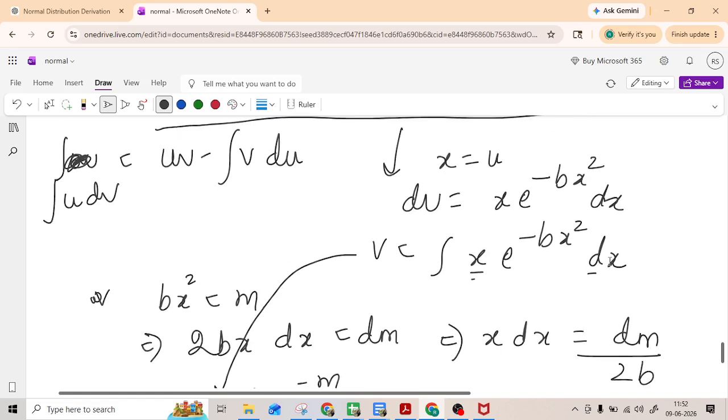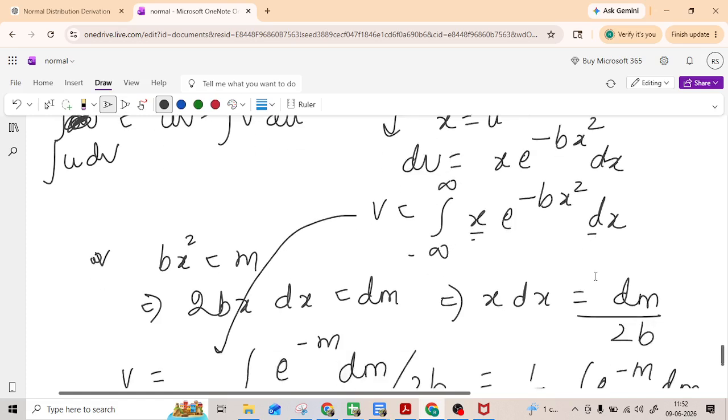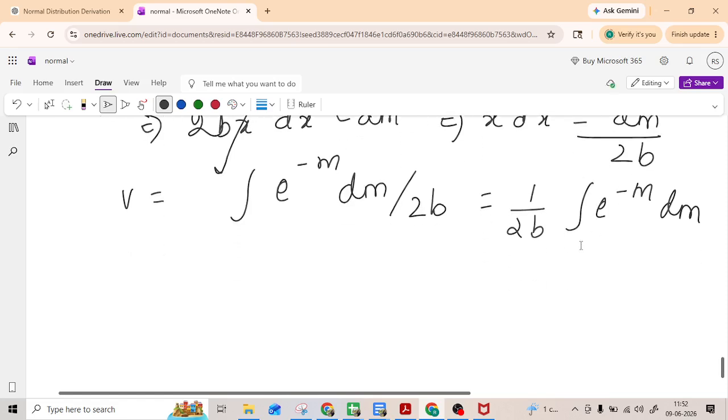And we are also integrating it from minus infinity to infinity, so let's write it over here. So what we get is 1 by 2b into e raised to the power minus m by minus 1, right? This is what we get.